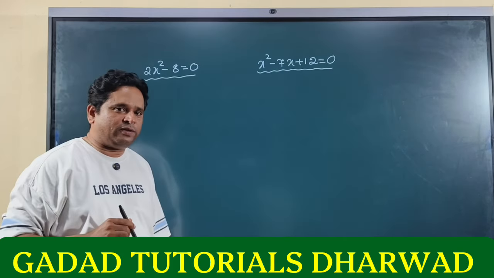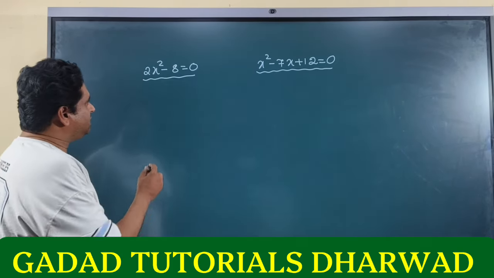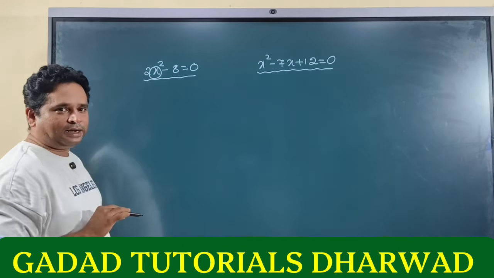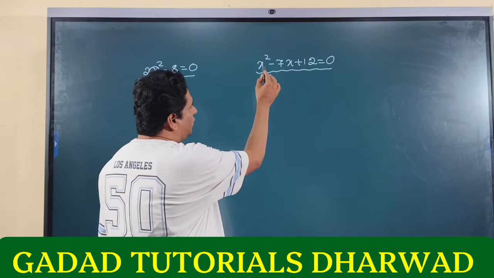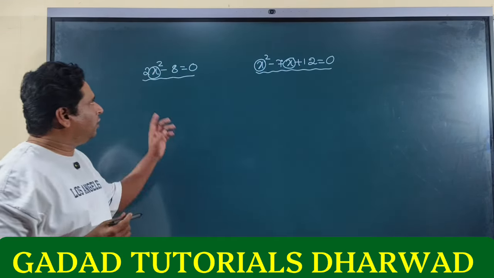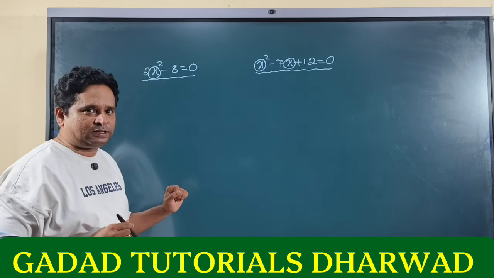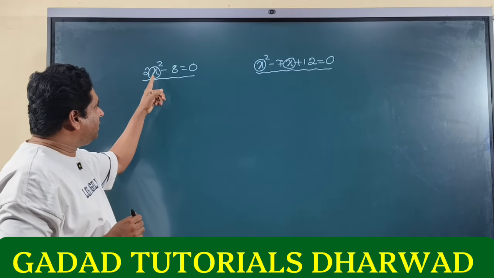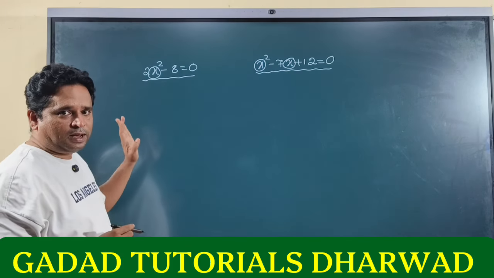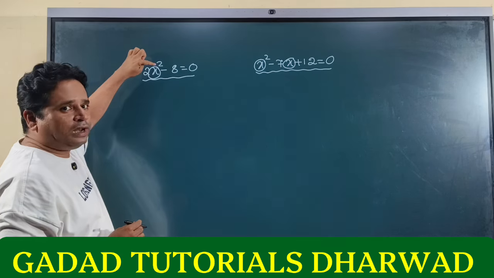Now observe these two equations. In each equation, how many variables are there? Only one variable, that is x. What is the difference between these two equations? Here the highest power is only 2.